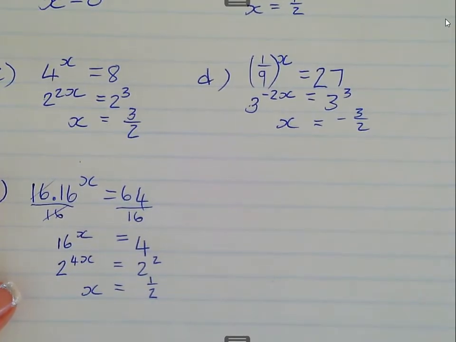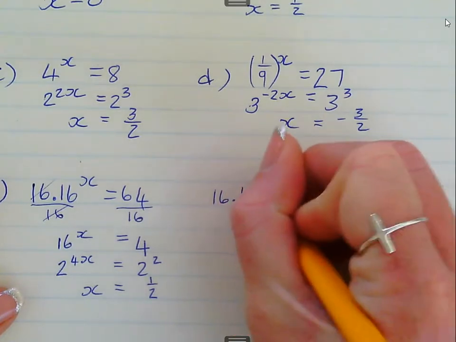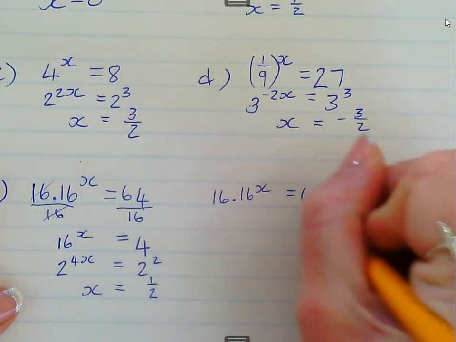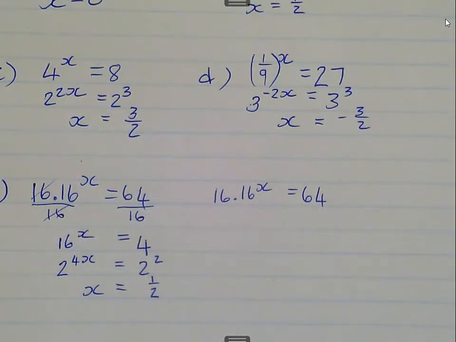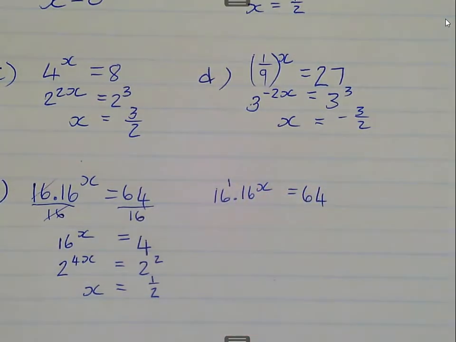Now let me show you if I use the exponential method. This one I personally think is a bit more difficult, but it's important that you understand what I'm doing here. Do you see that these two, although the one is in normal number format and this one is in exponential format, if I were to give this one its exponent of 1, can you see that they now have the same base?